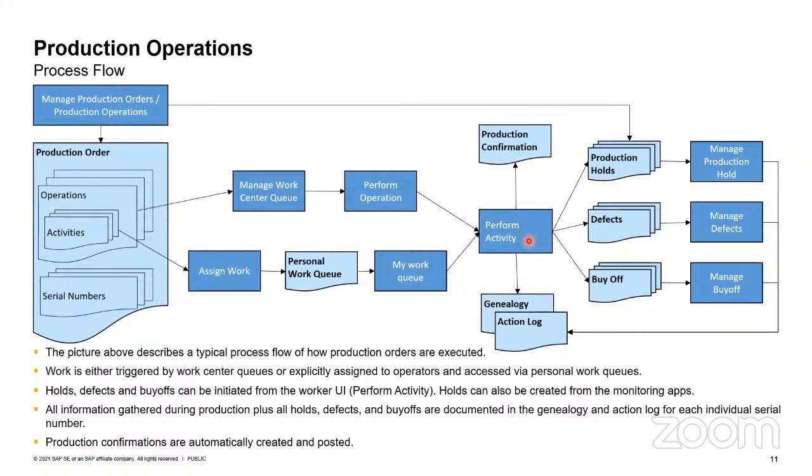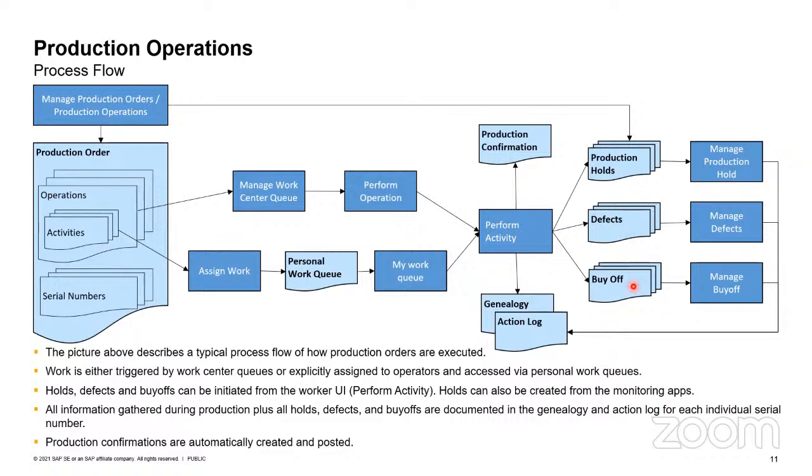And also we have the option to put the serial number on hold or only the material on hold. Even the operator has the ability to put the operation on hold without raising defects also. So production hold is managed very efficiently in PO, and we even have very good functionalities in defect handling methods and non-conformance management area that we will see in the upcoming slides in quality management.